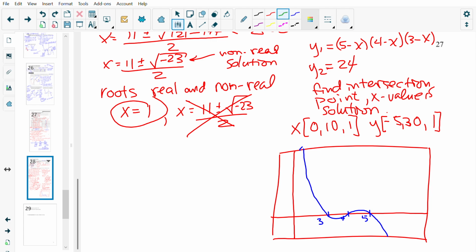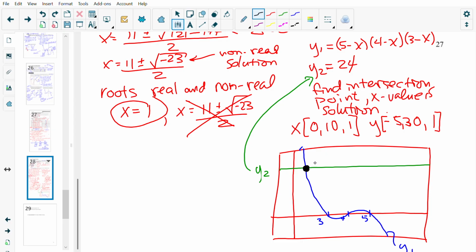And then so this is y2 equals 24. And obviously in blue, this is y1.